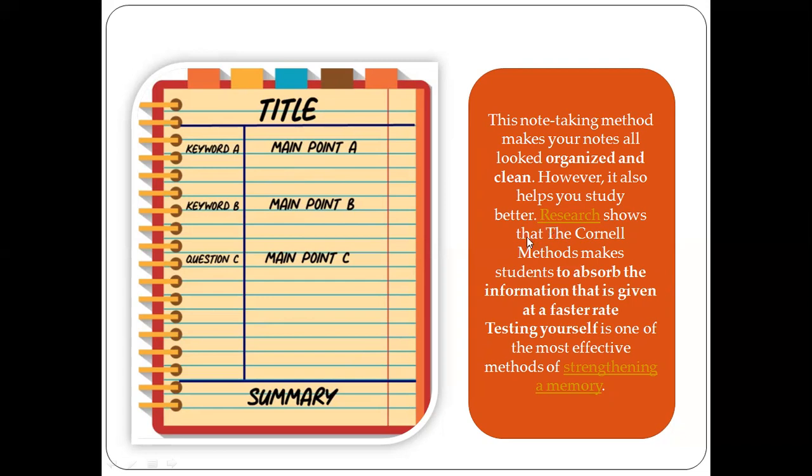Research shows that the Cornell method makes students absorb the information given at a faster rate. Testing yourself is one of the most effective methods of strengthening a memory. It looks like this. For strengthening your memory, you can draw a diagram or table like the Cornell method. In European countries, that is a really well-known method.